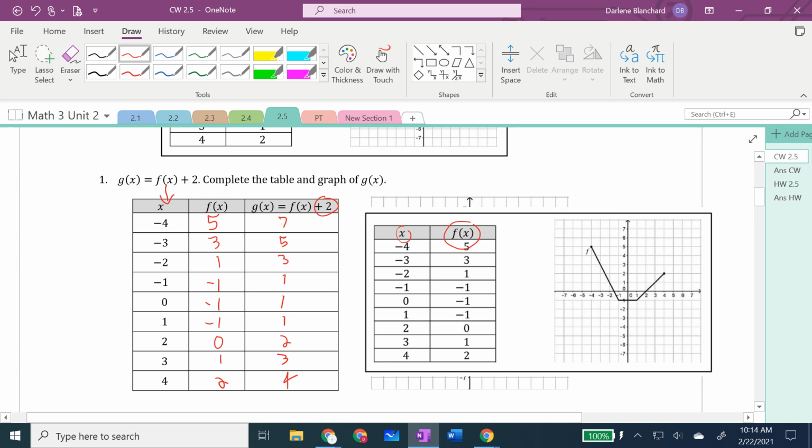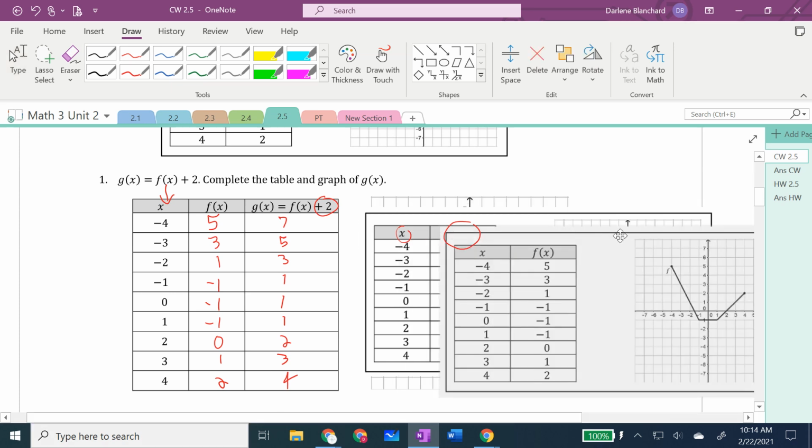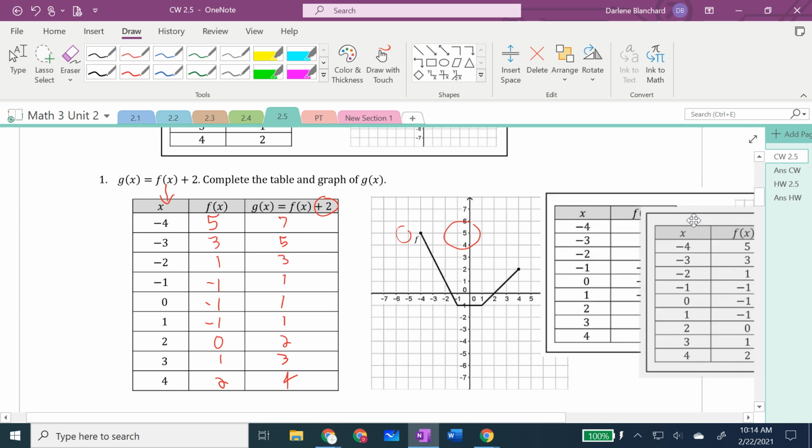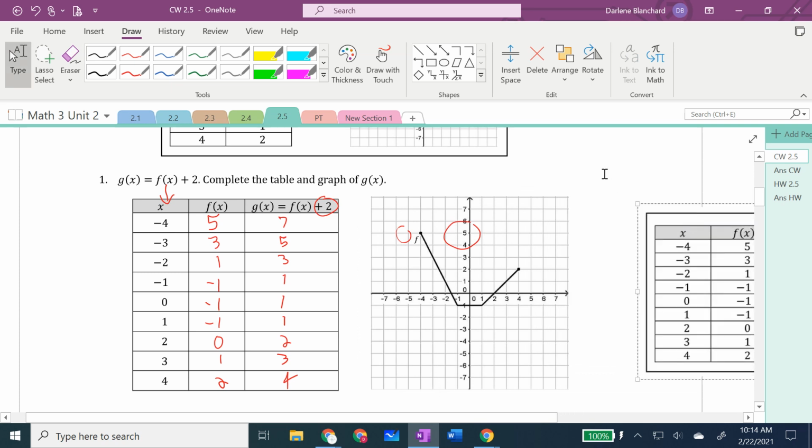And then I'm going to move this table out of the way. And I'm going to plot these points, but when I plot them, I need to ignore this middle column. I need to plot -4, 7. And then I need to plot -3, 5.